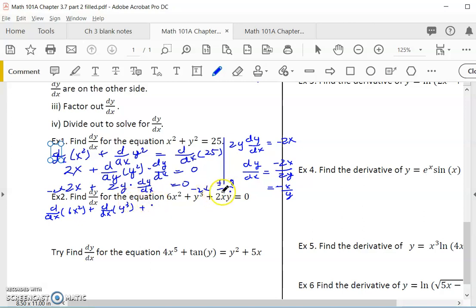So f' would be the derivative of f, so it would be 2, and then g, which is just y, right? Plus fg'. g' is the derivative of this, which is dy/dx.